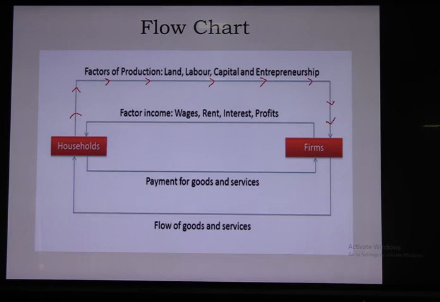You can read there: land, labor, capital, entrepreneurship services, known as factor services. And this is a real flow. No income, only services. After utilizing the services, the firm produces 100 units of X. Total value is equal to 1,000 rupees.